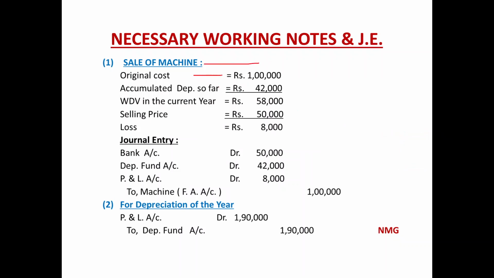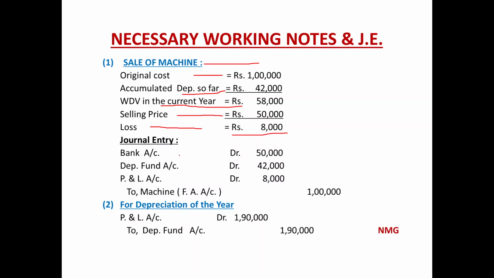Original cost 1 lakh, less accumulated depreciation so far rupees 42,000. That gives written down value in the current year 58,000. Compare it with selling price, which is 50,000 given in the point number 1 itself. That gives a loss of rupees 8,000.